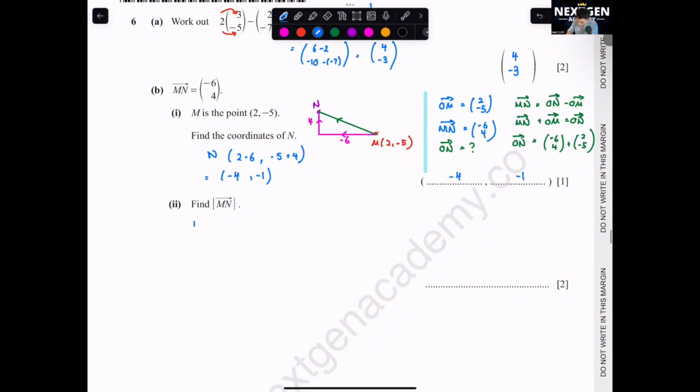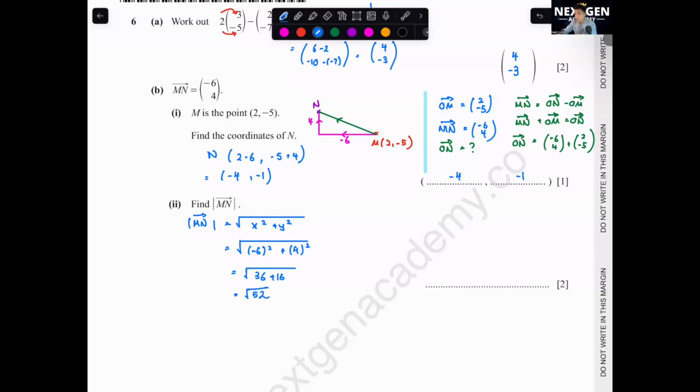Magnitude, we will take square root of x squared plus y squared. So here will be square root of minus 6 squared plus 4 squared. Okay, you just use the value that they give you. Here will be square root of 36 plus 16, which is square root of 52.